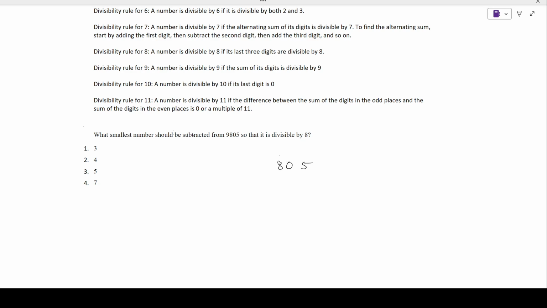If the number becomes 800, it will be easily divisible by 8. So if we subtract 5 from this, we get 800, which is divisible by 8. So the number that should be subtracted is 5. Option 3.